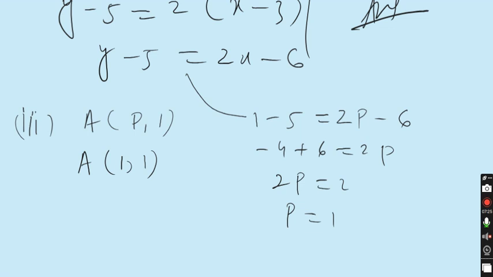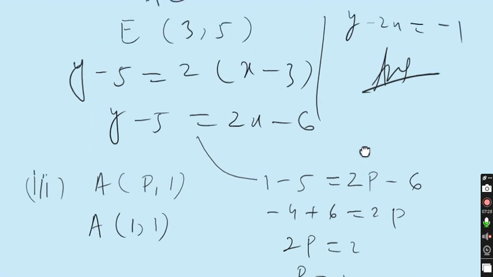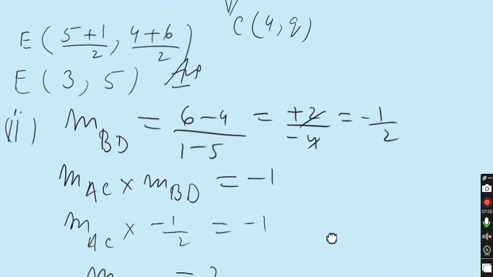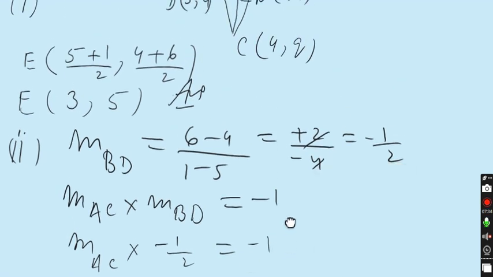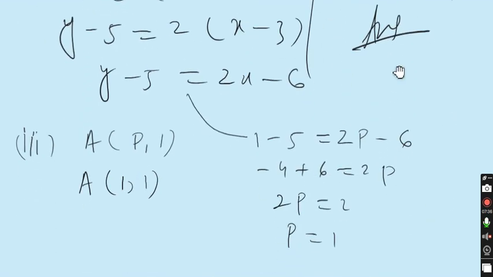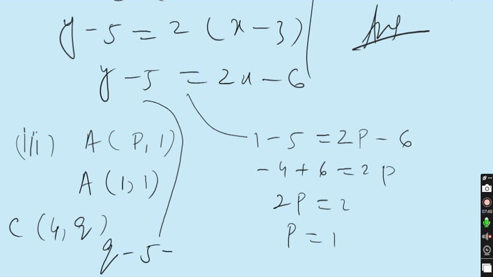Now point C also lies on the line AC, and the coordinates of point C are (4, Q). So again use the equation of AC. Put y as Q minus 5 is equal to 2 multiplied by (4 minus 3).